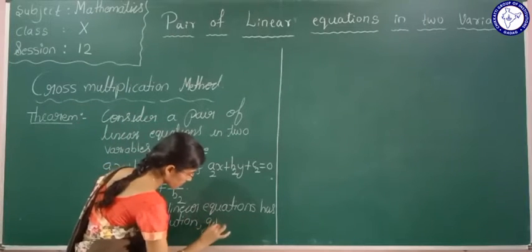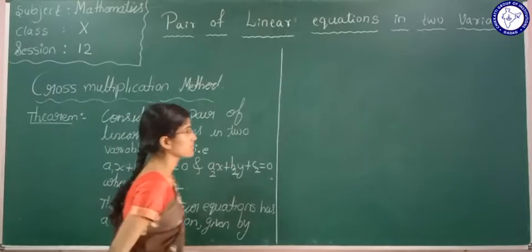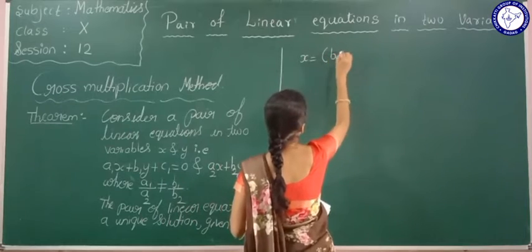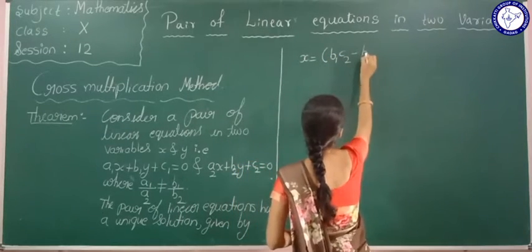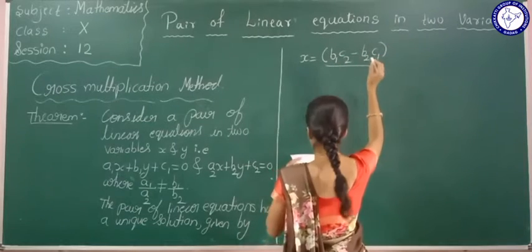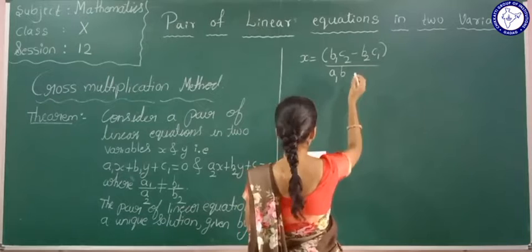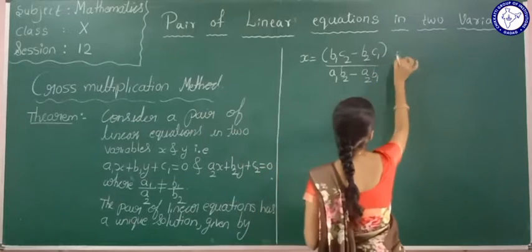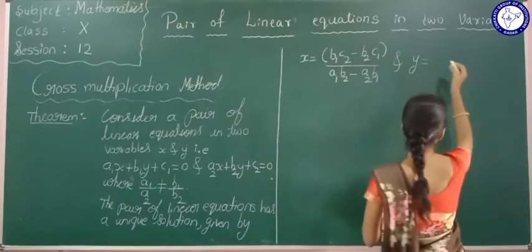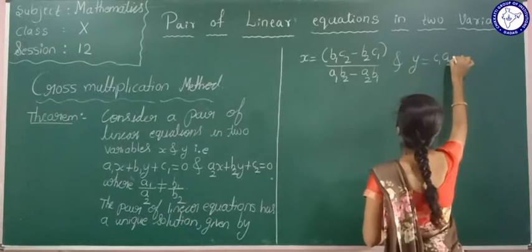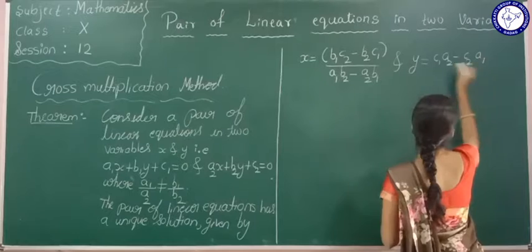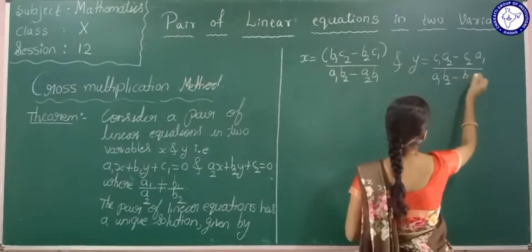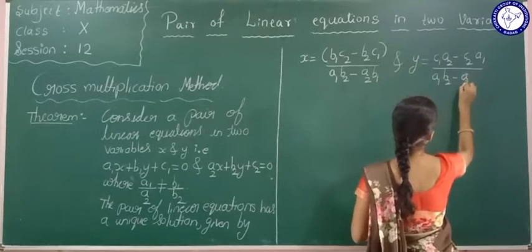Given by x is equal to b1c2 minus b2c1 divided by a1b2 minus a2b1 and y is equal to c1a2 minus c2a1 by a1b2 minus a2b1.